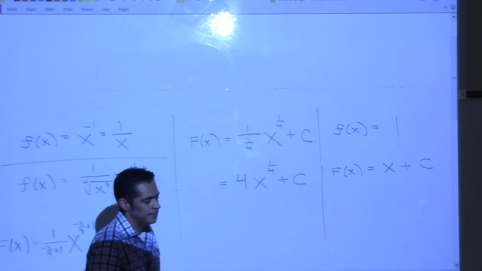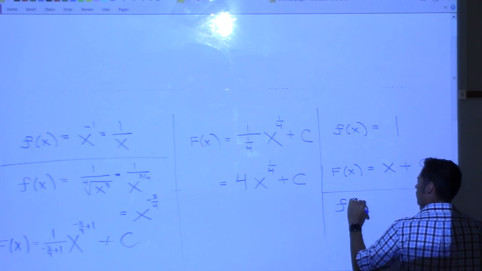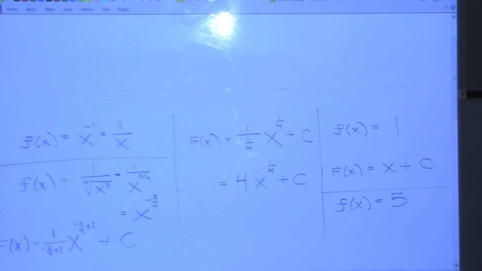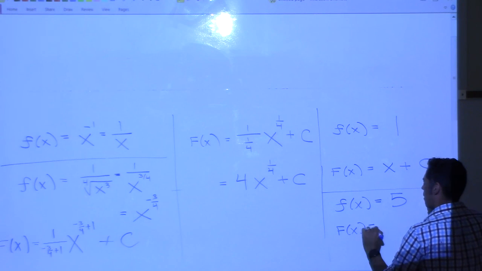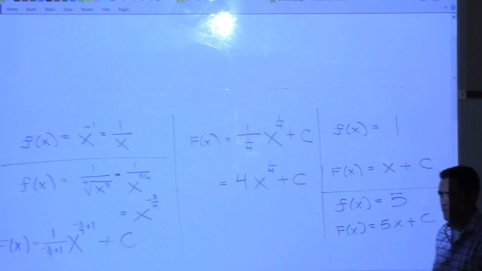All right, how about this one? What's the antiderivative of 5? 5x plus c. What's the antiderivative of any constant? That constant times x plus c. Right?